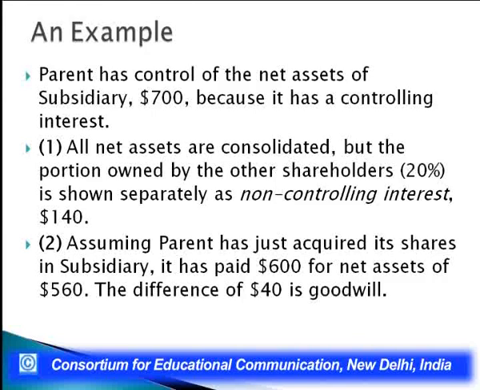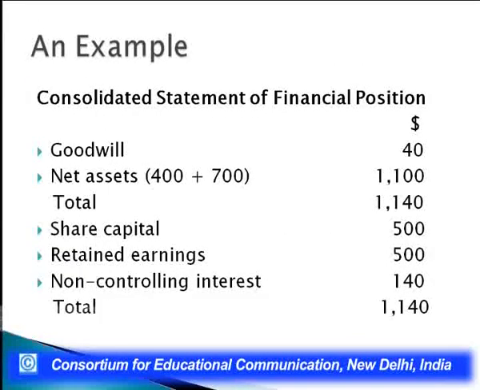So the difference is 40, which is now coming out as goodwill and shown here in the consolidated financial statements. We are required to show the amount of goodwill in consolidated financial statements after making the calculations as desired.